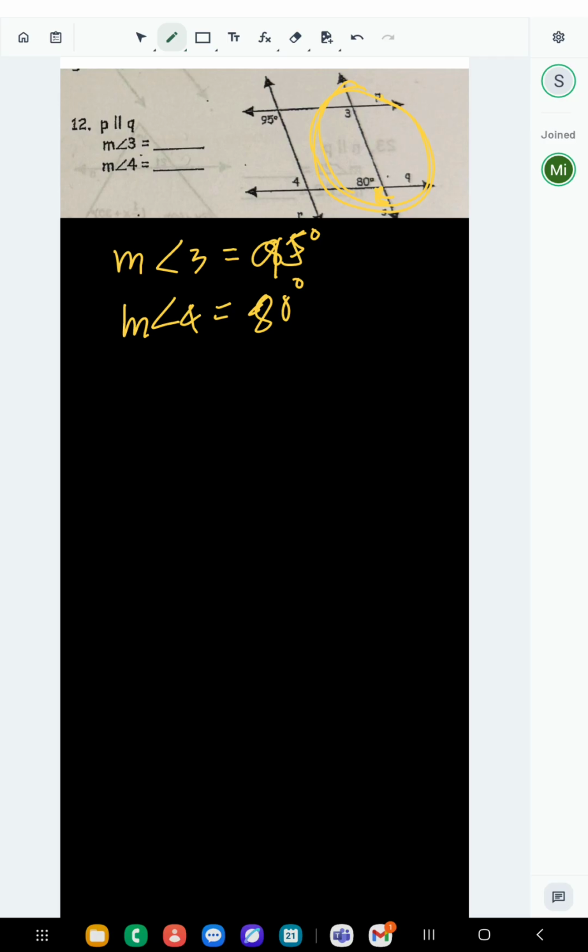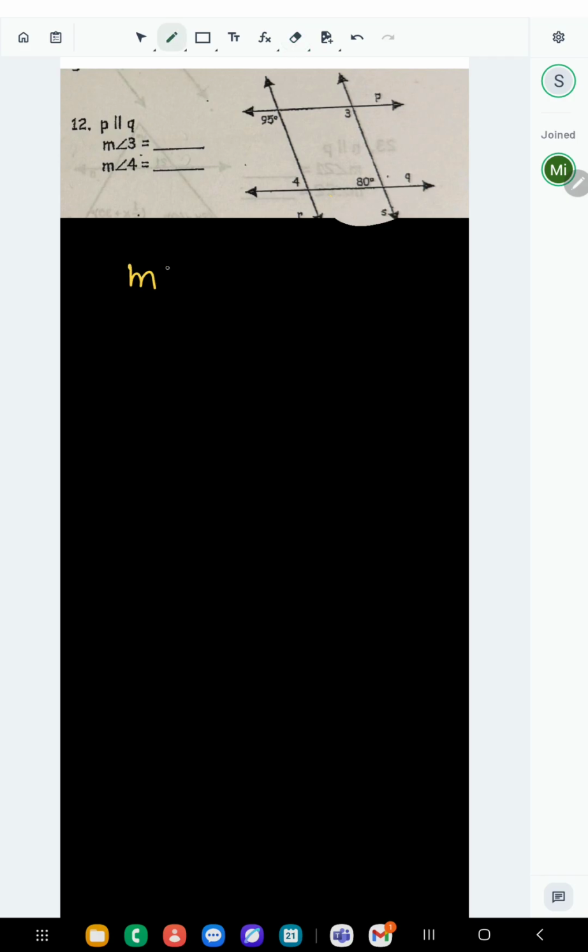Because the instruction is P is parallel to Q, not R parallel to S. Yeah, we missed that. That's why I'm confused. So you have to follow instructions. So measure of angle 3, measure of angle 4. So angle 3 here should be 100, right?